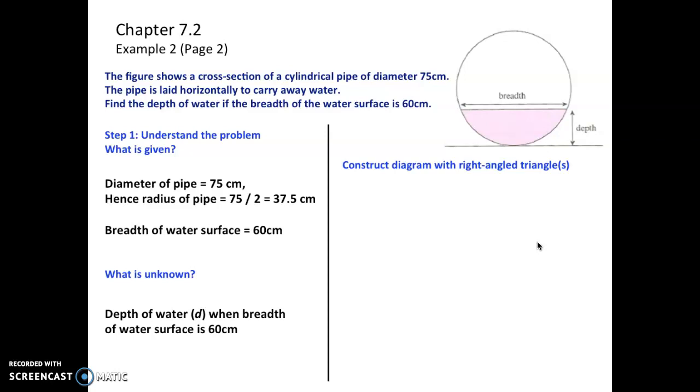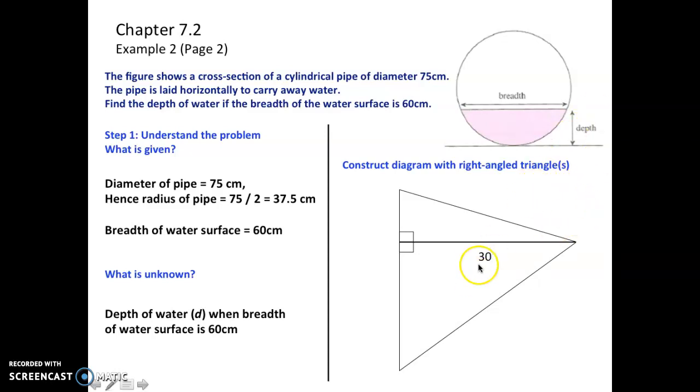So to construct this diagram, I'm going to draw two right-angled triangles here. Okay, so here I have 30. This 30 cm is actually half of the breadth.